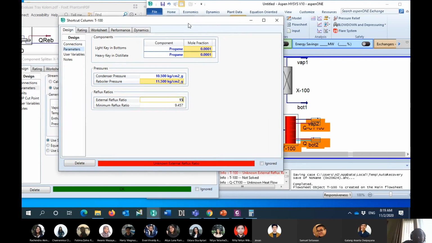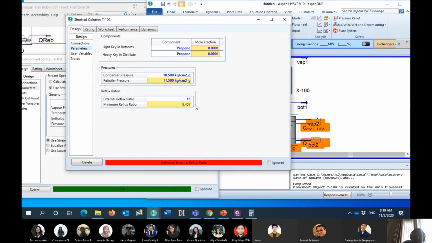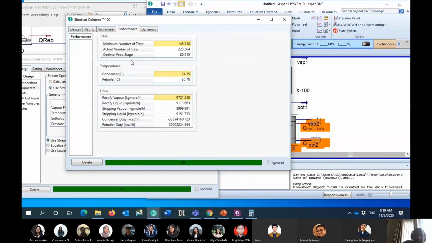In the case where I use 15, I will go to the performance. I have the actual number of trays at around 223, while the minimum number of trays is around 145.